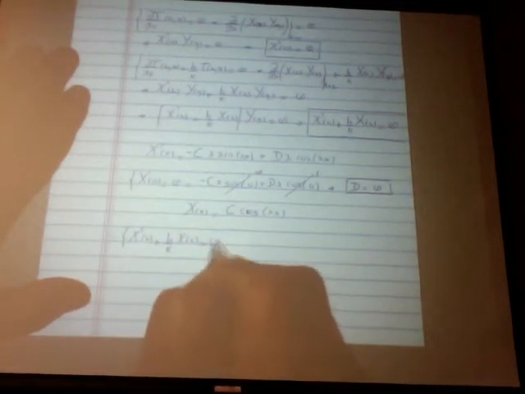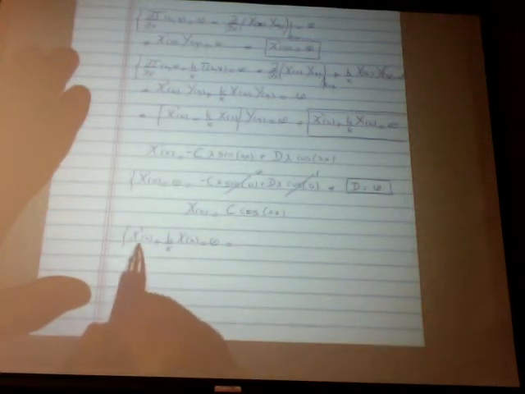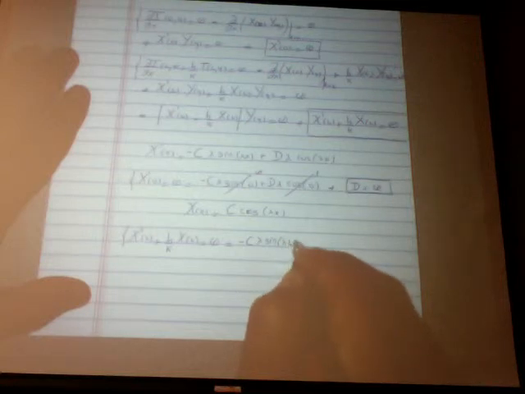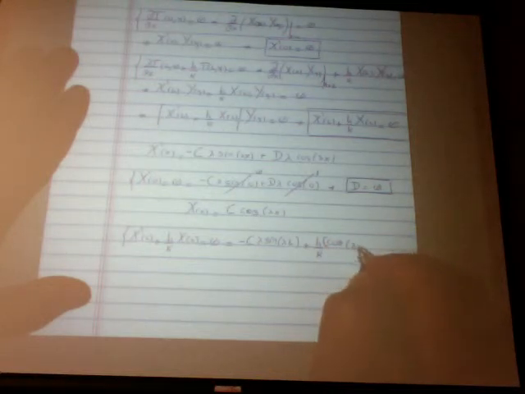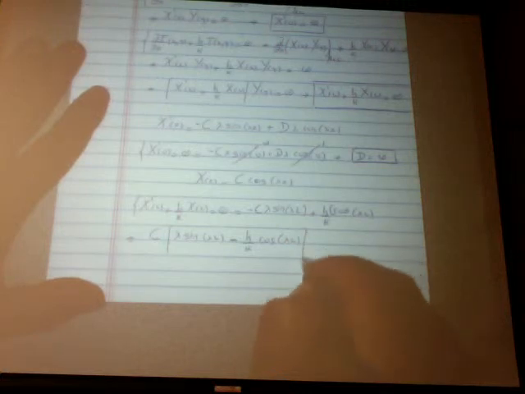We have the other condition such that X prime of L plus h over k X of L is equal to 0, and that means that X prime is this one here, minus c lambda sine of lambda L plus h over k, c times the cosine of lambda L. And we can take c as a common factor: c times lambda sine of lambda L plus minus h over k cosine of lambda L is equal to 0.